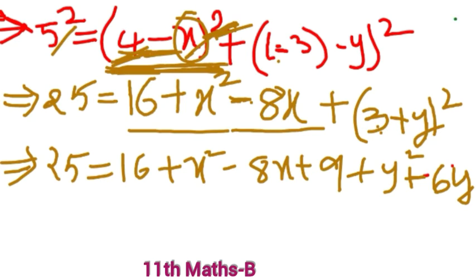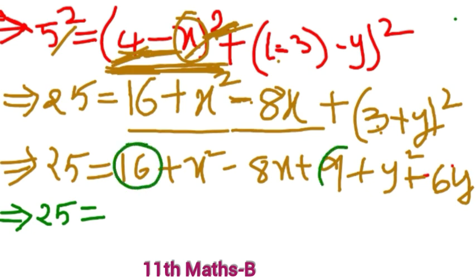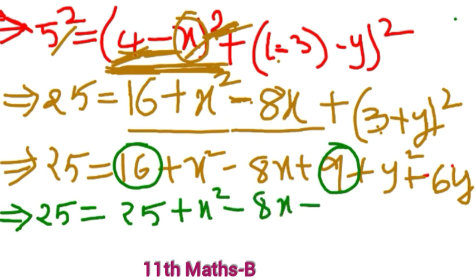So next, 25 is equal to, now what we have to do is add the constants. We have two constants here. 16 plus 9 is equal to 25, right? So 25 plus x square minus 8x plus y square plus 6y. Till here you have understood.